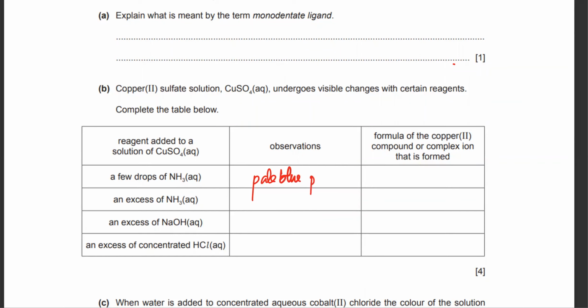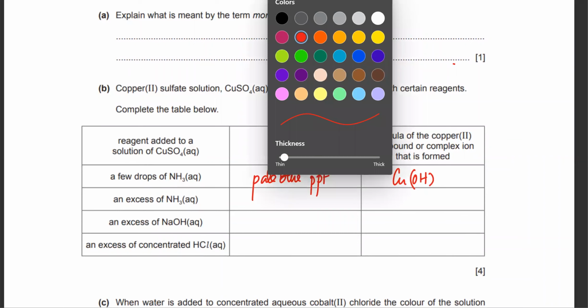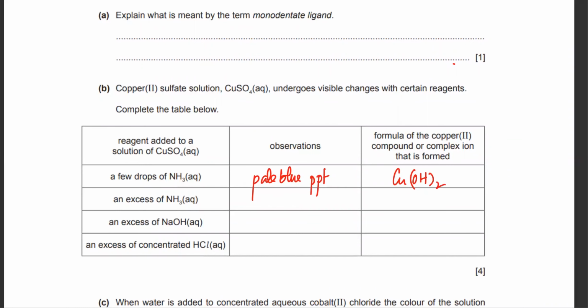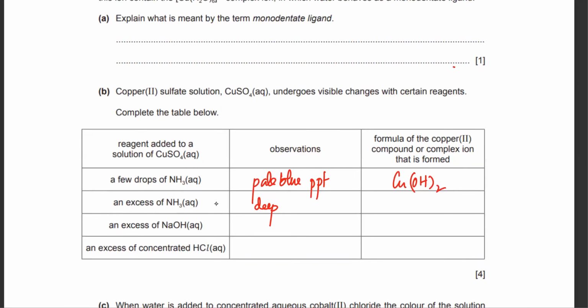And the formula would be copper and hydroxide, and you can either add water molecules next to it. Right? And excess of NH3, you get a deep blue solution. Deep blue.